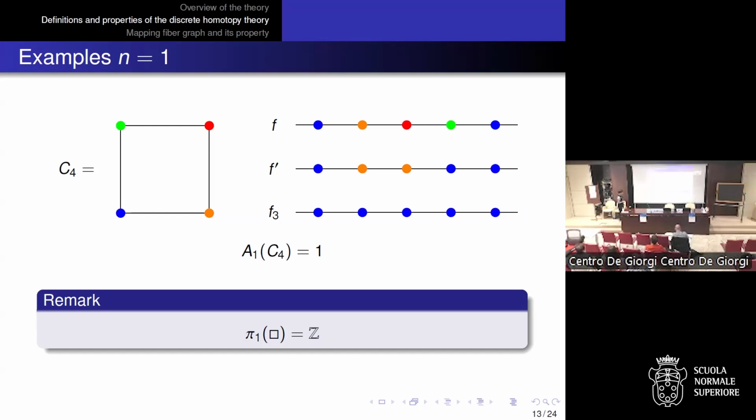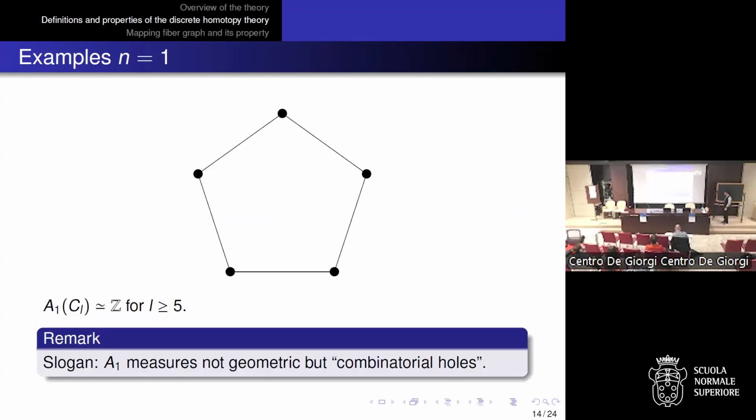Again, from a geometric point of view, this should be Z, so different. But by an easy exercise, we can show that for cycles with more than 5 vertices, the graph cannot be contracted to a point. So in this case, the discrete fundamental group is Z. And so there's a slogan in homotopy theory: people say that A1 measures not geometric, but somehow combinatorial holes.